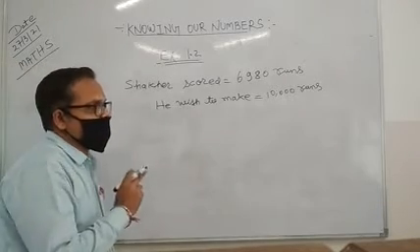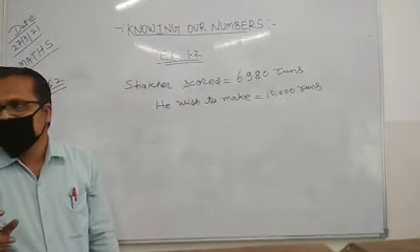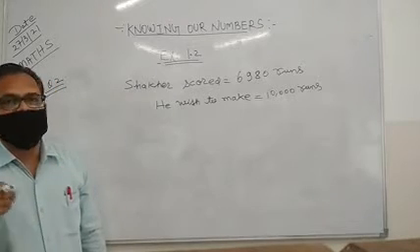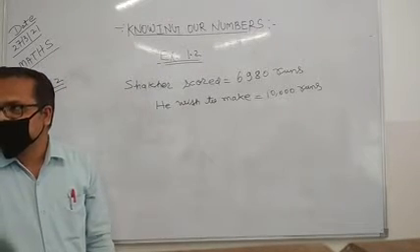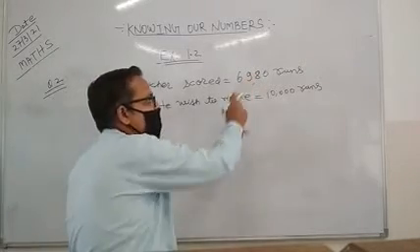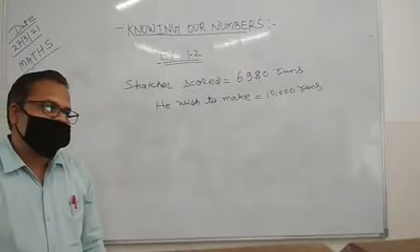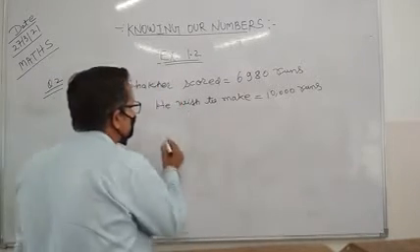So the question asks how many runs are left to complete 10,000. Now how many runs are left to complete 10,000? That means how many runs are required to complete 10,000. So what we will do is subtract.